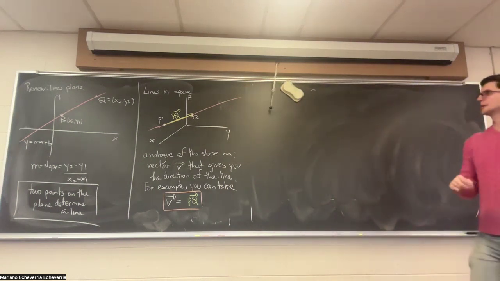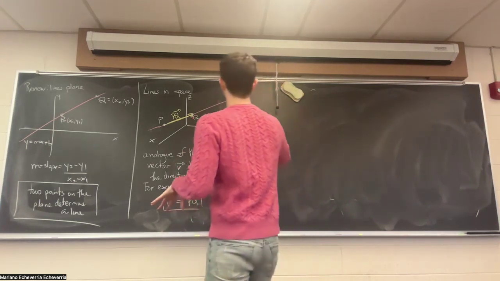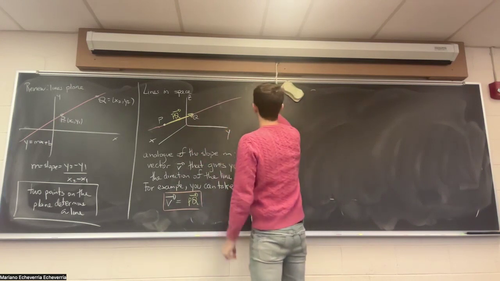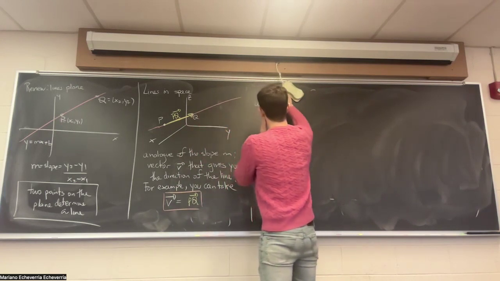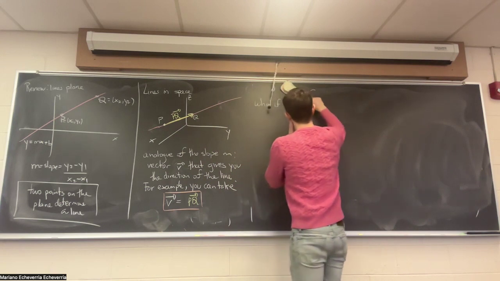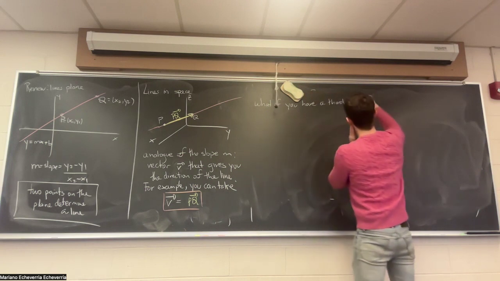Because what happens, and I'll give you a simple interpretation in a moment. So what happens if you have a third point on the line?